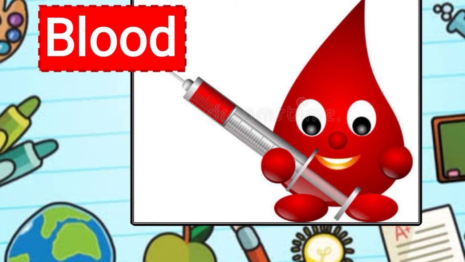Now let's understand what blood is and what it does. Blood is a transport liquid pumped by the heart to all parts of the body, after which it is returned to the heart to repeat the process. Blood is needed to keep us alive, and it brings oxygen and nutrients to all the parts of the body so they can keep working.